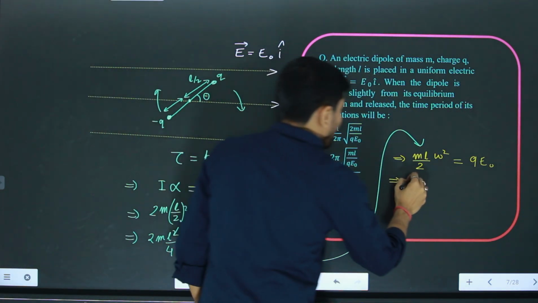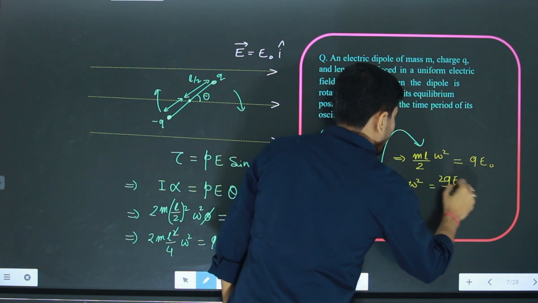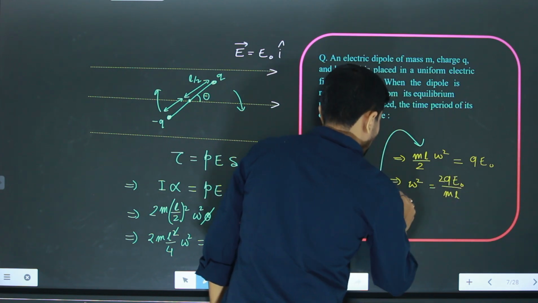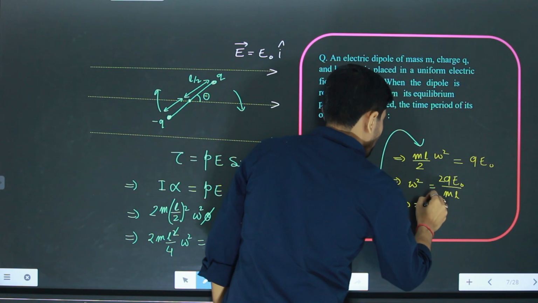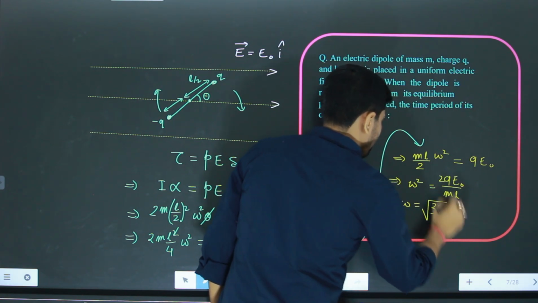And then omega square will be equal to 2q E naught divided by ml, or omega is equal to square root of 2q E naught by ml.